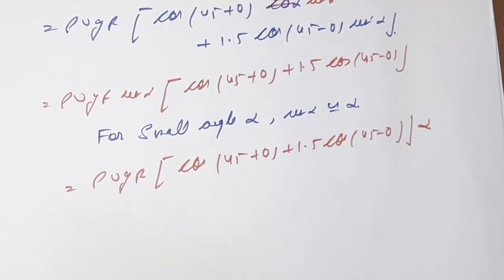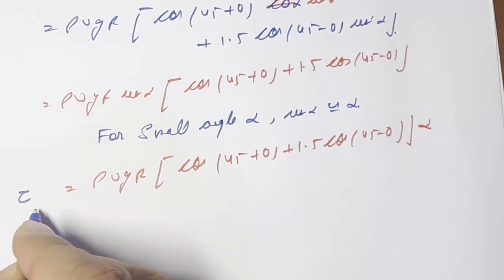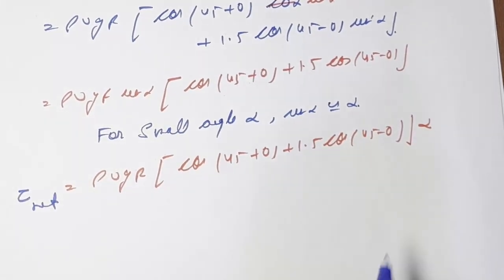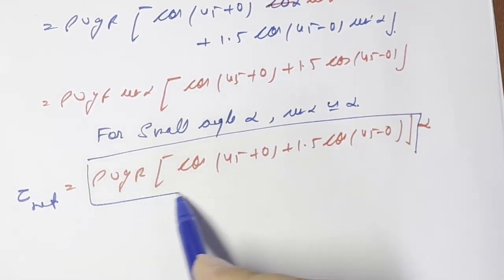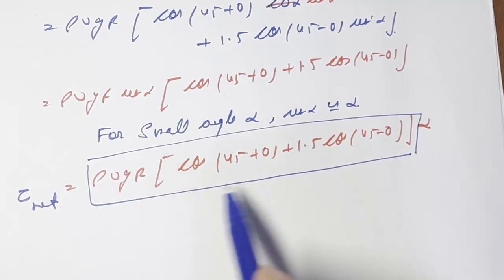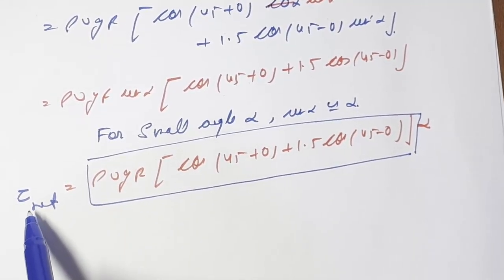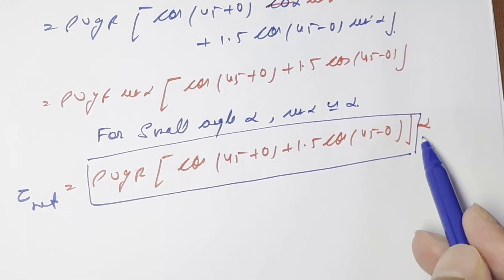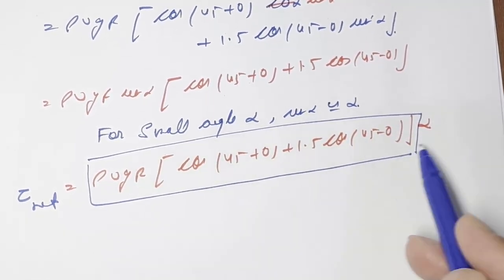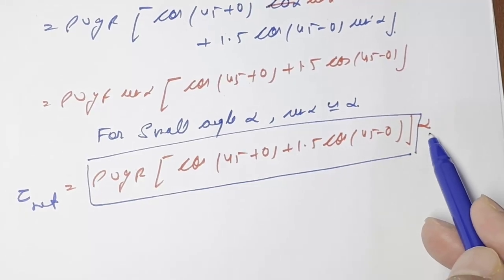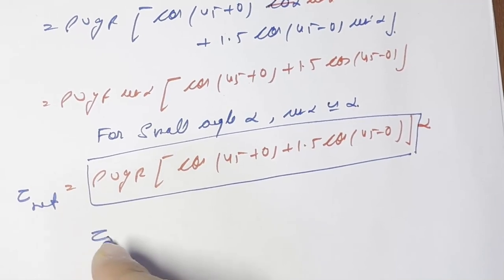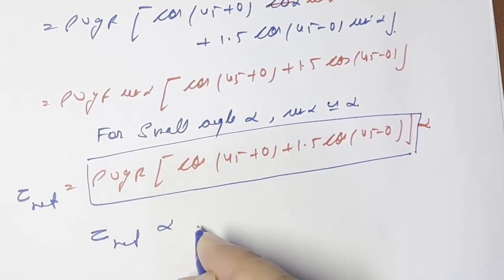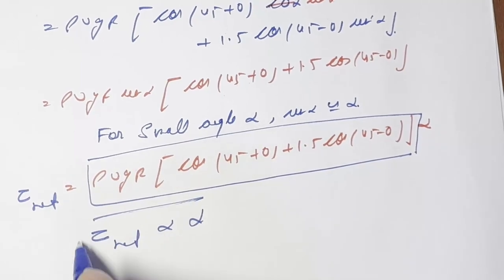So from this equation, and this was our torque net, we can clearly see that if we take this as k, then we can say our tau net is equal to k, where k is the value of this entire expression, multiplied by alpha, or we can simply say that tau net is directly proportional to our alpha.